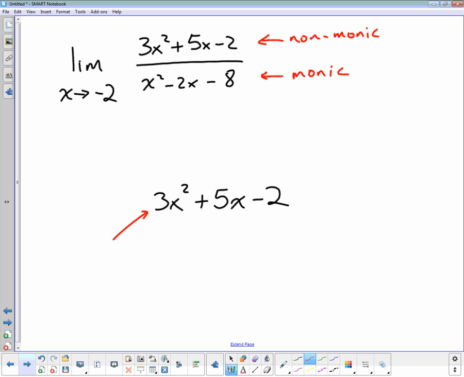This is the rabbit. That is the hat. Step 1 of factoring a non-monic polynomial is to set the poor little rabbit into the hat.